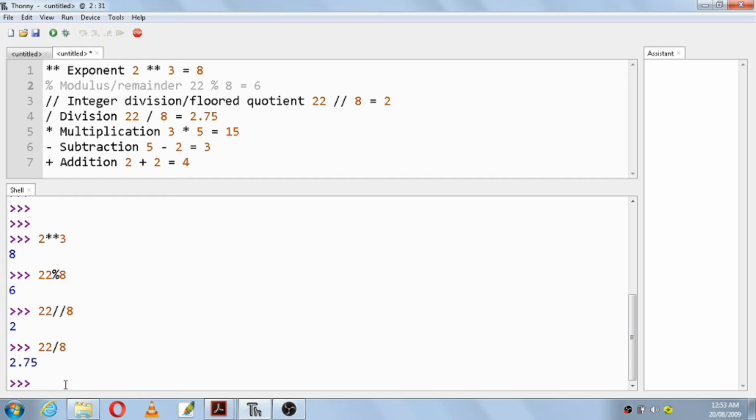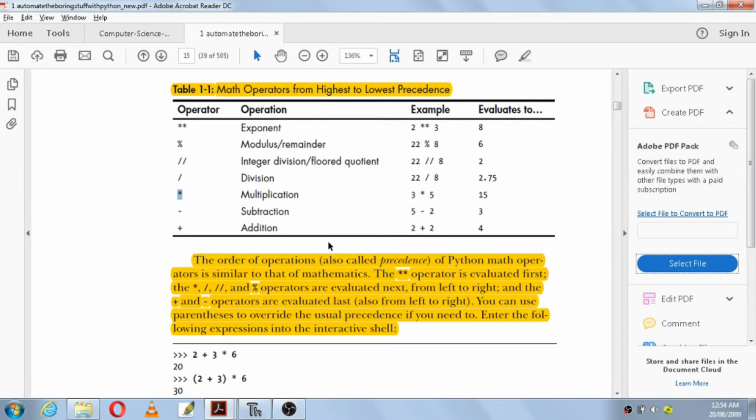Then we have multiplication, 3 into 5 will give us 15. 5 minus 2 will give us 3, and addition 2 plus 2 will give us 4. So these examples have been solved, and these are the different math operators that you can use in Python.